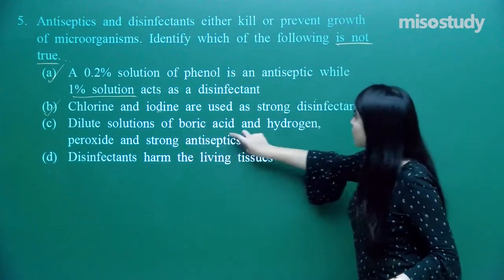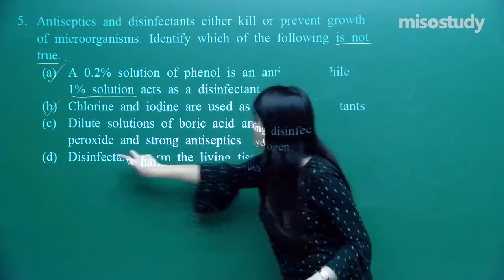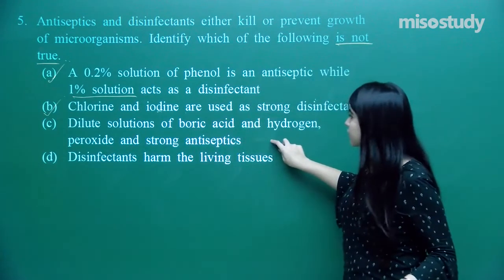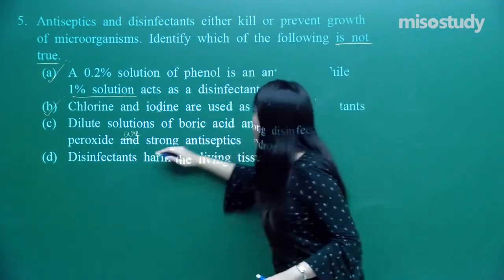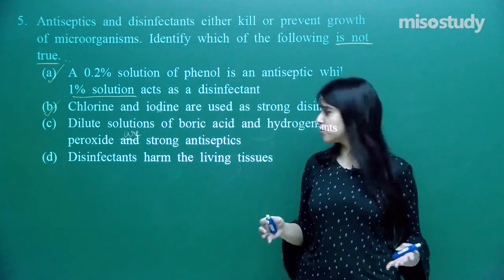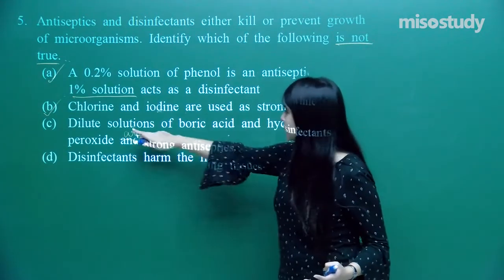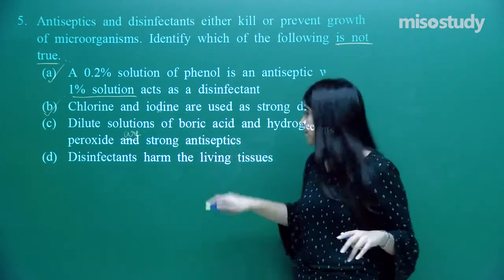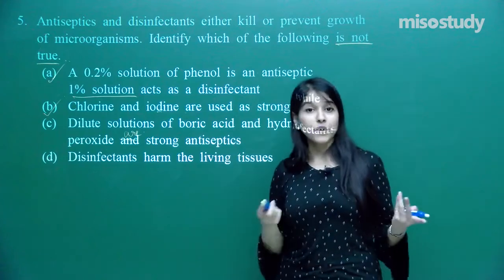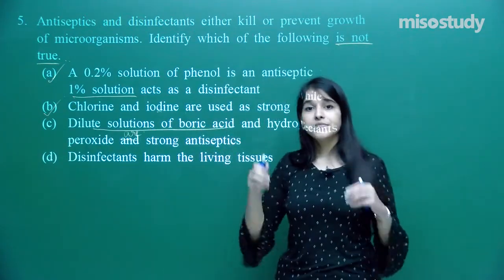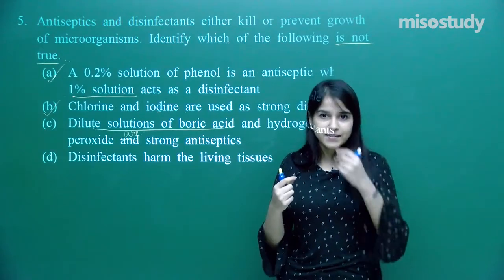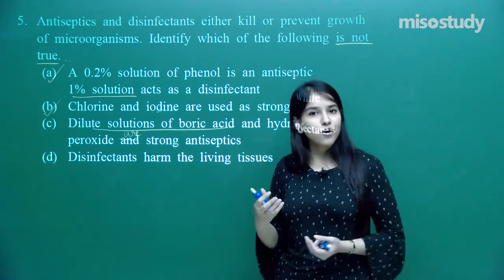Dilute solutions of boric acid and hydrogen peroxide are strong antiseptics. Is it true? Where is the dilute solution of boric acid used? That is used for the cleaning of eyes, the cleaning of our eyeballs.